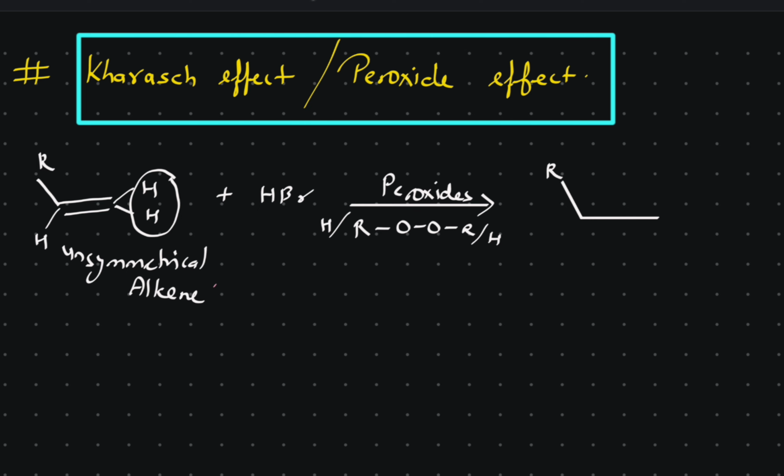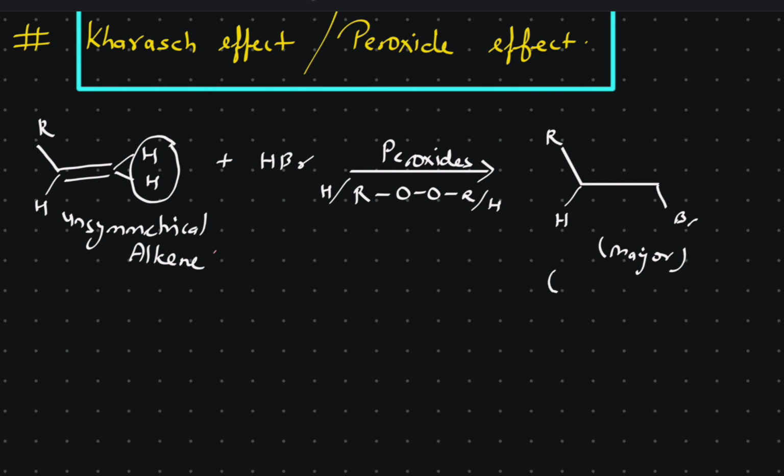This is just the anti-Markovnikov rule. So this product will be the major product, and we can say this is the anti-Markovnikov product.